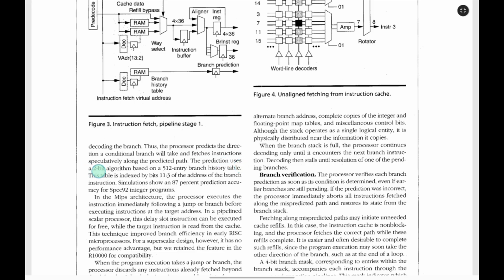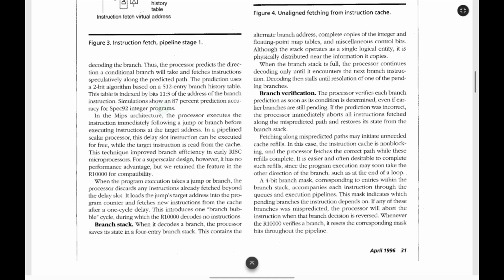The prediction uses a 2-bit algorithm based on a 512-entry branch history table. This table is indexed by bits 11 to 3 of the address of the branch instruction. Simulations showed an 87% prediction accuracy for SPEC92 integer programs.